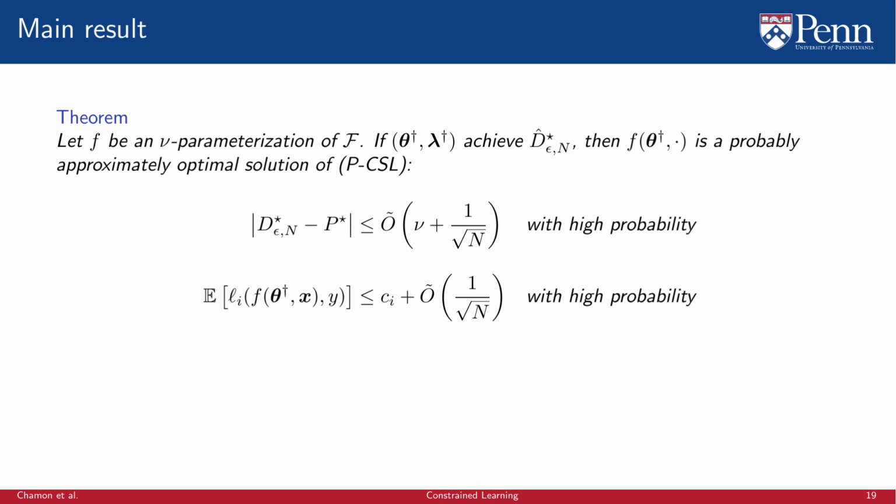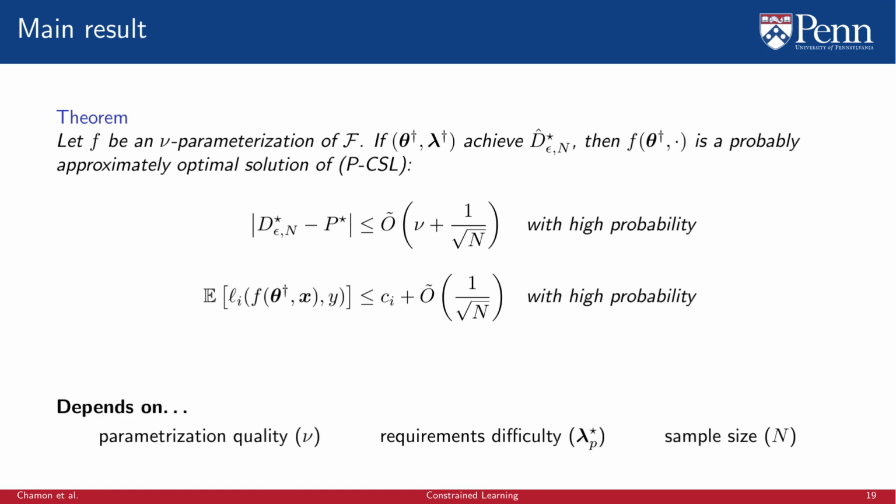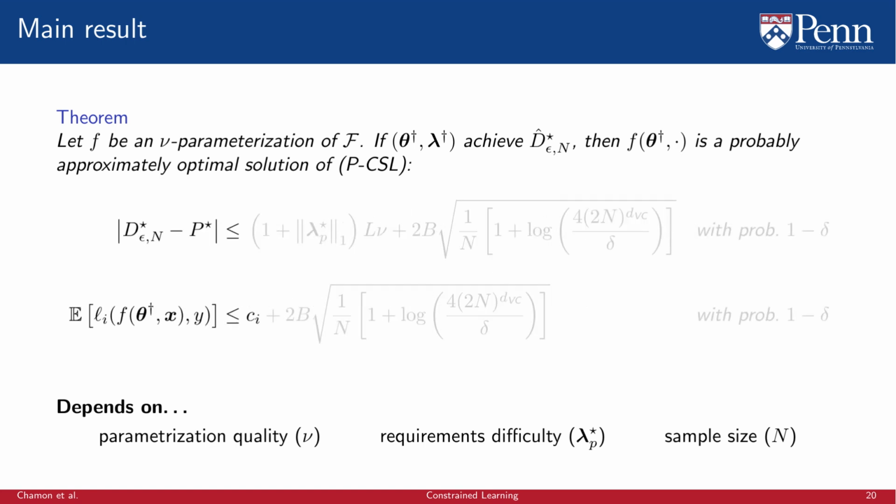Now, if we look at what's going on inside these error terms, we see that they depend basically on three elements: the quality of the parameterization, the difficulty of the requirements, and the number of samples. In even finer detail, we can improve the near optimality gap by using a richer model class, like neural networks or kernel models, but the impact of these improvements is going to depend on the difficulty of meeting the constraints.